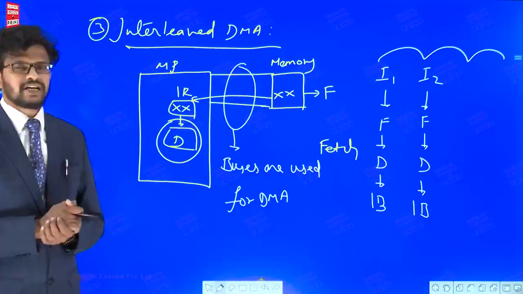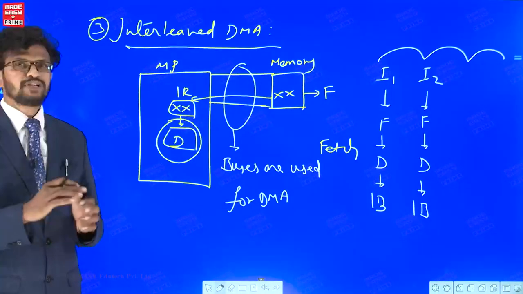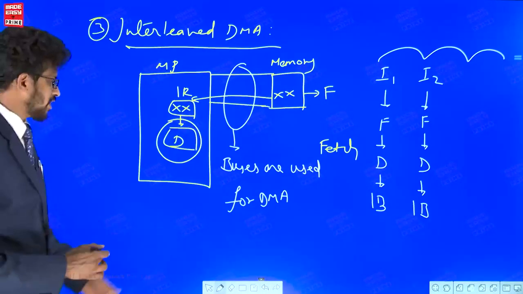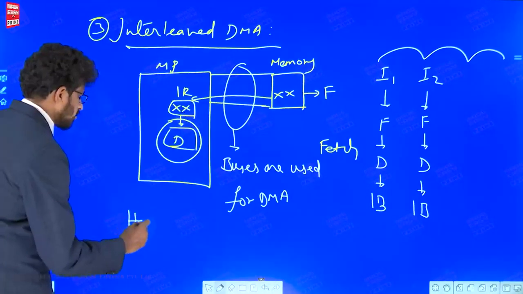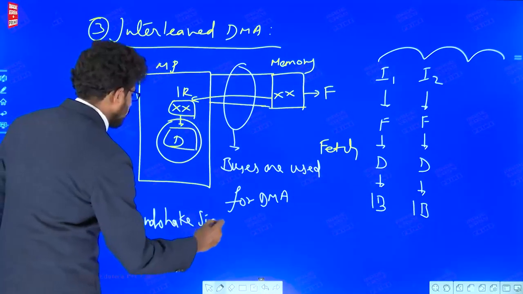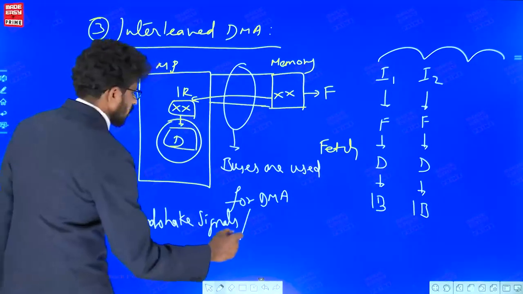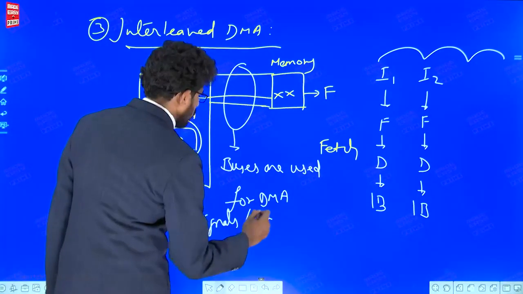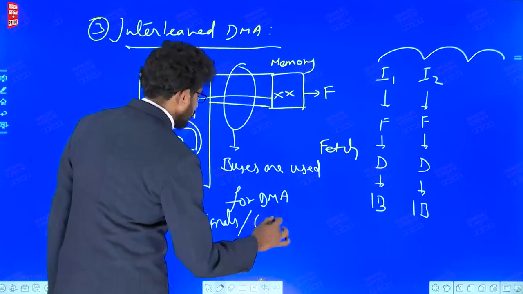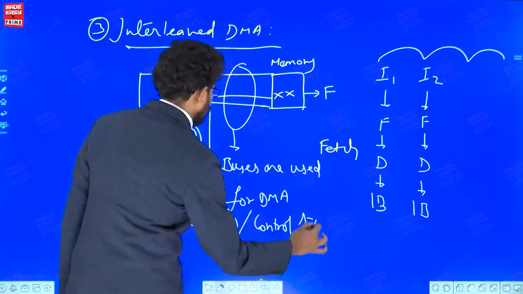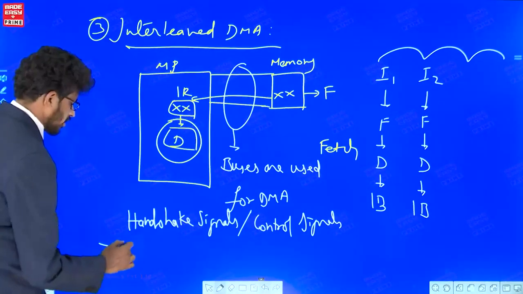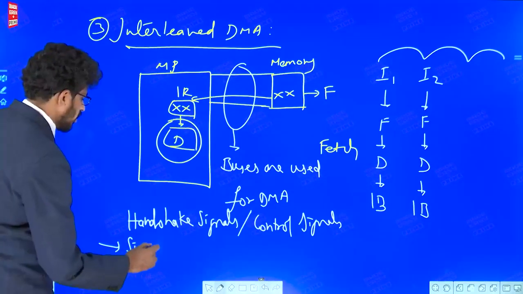Those signals are generally called as handshake signals, how the devices communicate among themselves. Handshake signals means control signals. So these handshake signals are something like the signals exchanged between the devices.